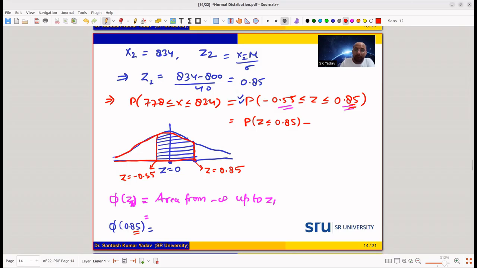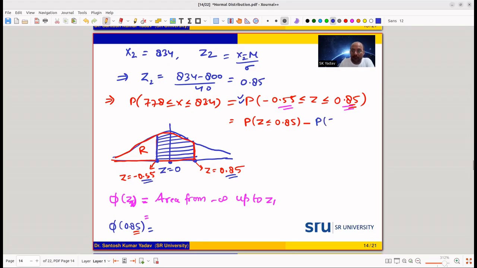And from this, if I subtract this unrequired part, from minus infinity up to this other point, I get the required area. So total area minus the area from minus infinity up to z equal to this point, I need to subtract.